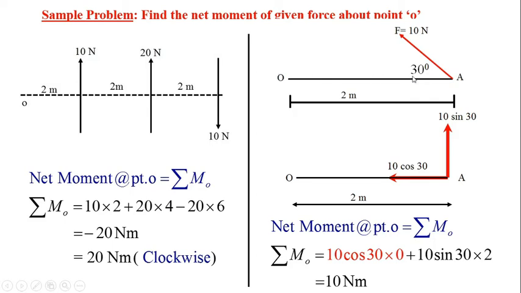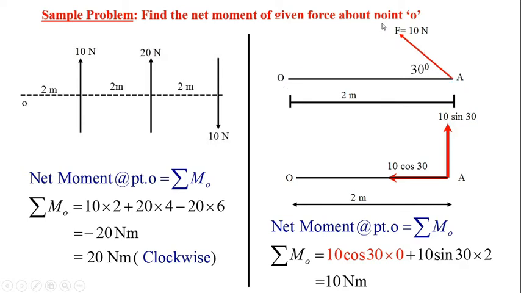This is not the perpendicular distance between the force and point O, but the perpendicular distance will be like this, between line of action of force and point O. So you calculate this distance, and then force into this distance will be the moment.